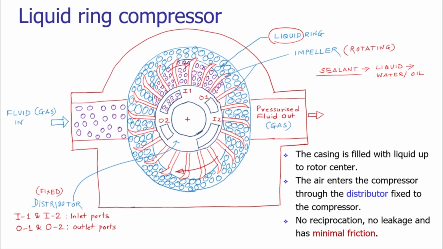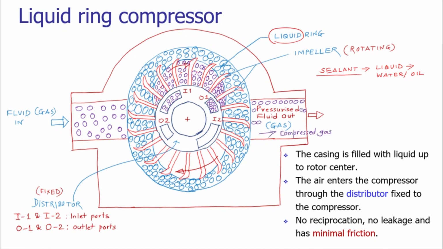You just notice here the pressure is getting increased, and due to the increase in pressure, the volume is getting reduced. This low volume, high pressure fluid will come out from the outlet opening O1, and that will be sent to the pressurized fluid out.